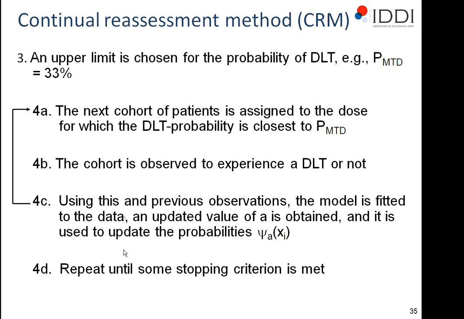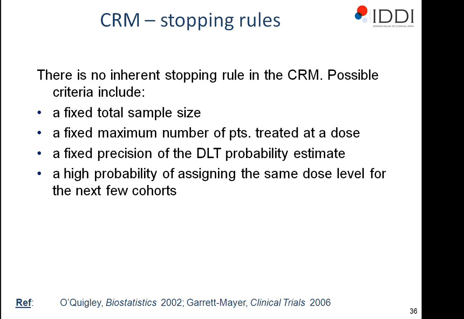And then we repeat this procedure until some stopping criterion is met, and essentially at the end of the procedure we will have a dose for which the estimated probability is closest to the target. Now, in the continual reassessment method, there is no inherent stopping rule. There are several possible criteria.